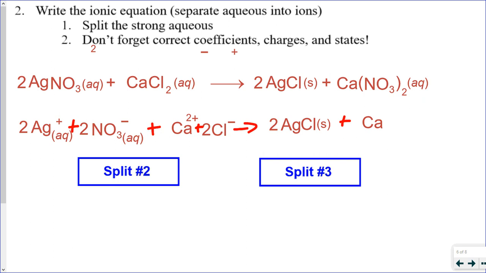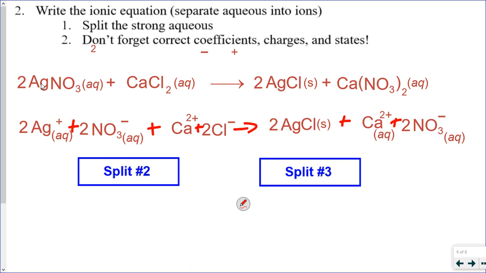Let me get the correct ion charges in there. And then we're also going to have nitrate. And remember, this 2 means we have 2 nitrates forming, and that's a -1 ion. And once again, these are aqueous, so I'm running out of room here. And that would be our what's called the ionic equation.